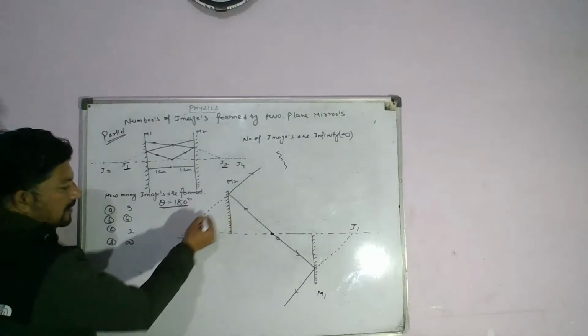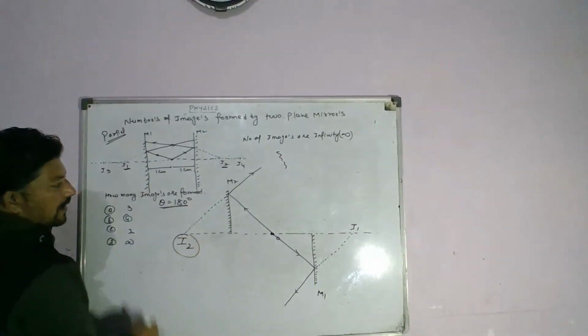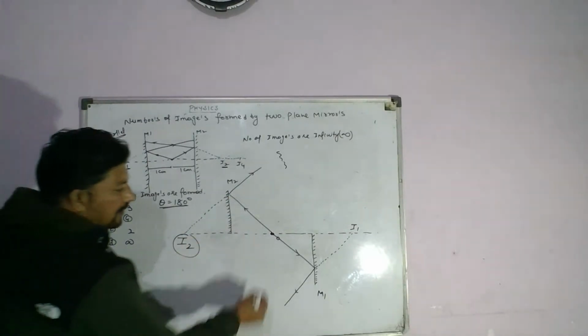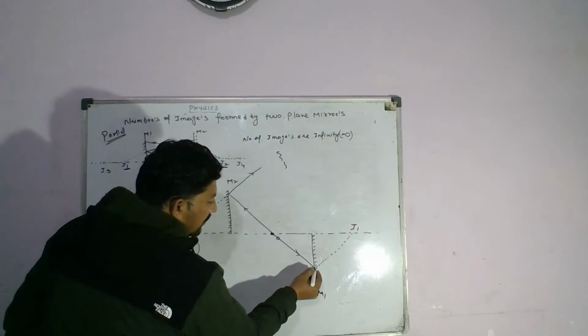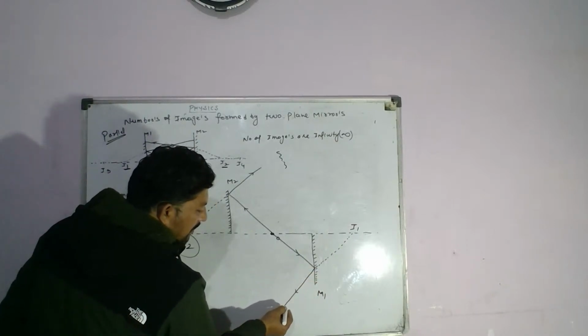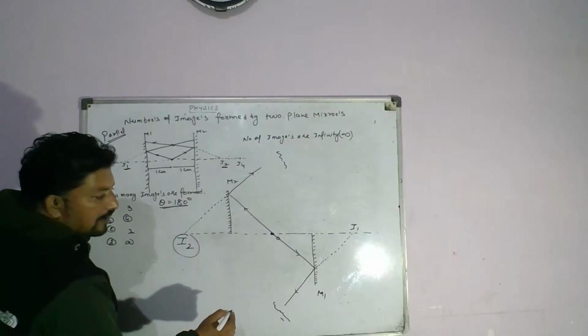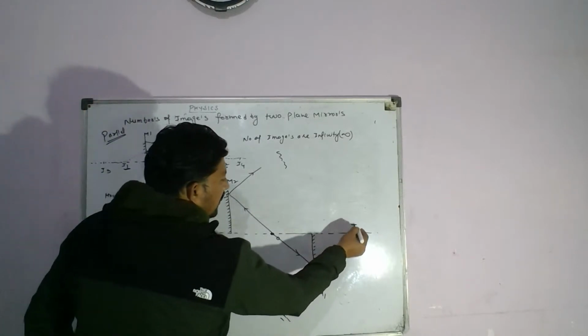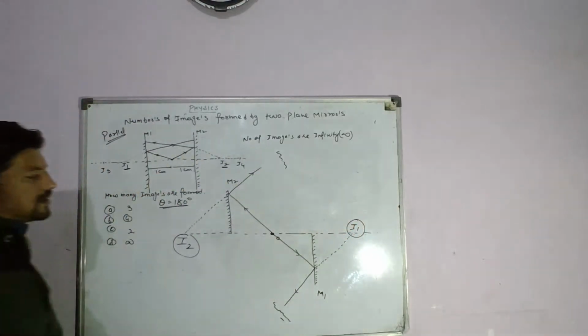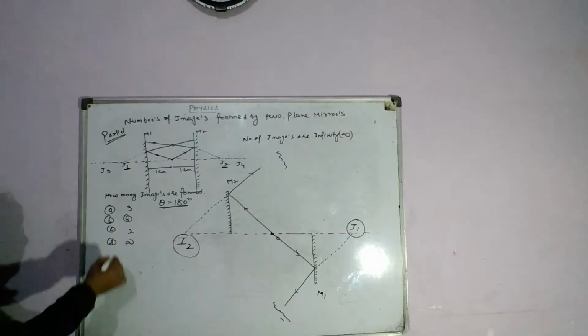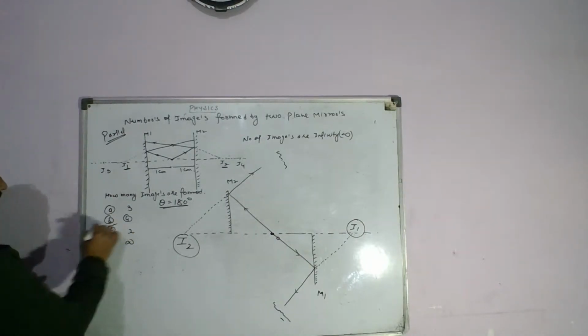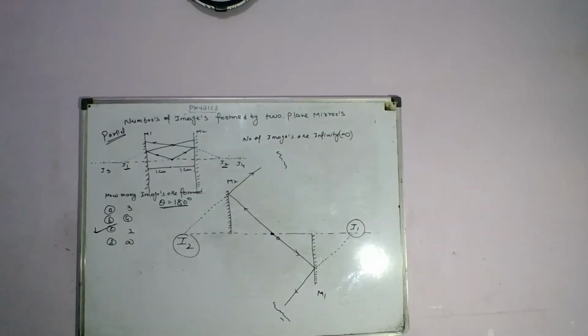So it will form a virtual image I2. The incident ray strikes on this mirror and this can be the reflected ray, but on this side there is no mirror. But a virtual image is formed, so two images are formed, I1 and I2. It means option C is the correct answer. It will form two images.